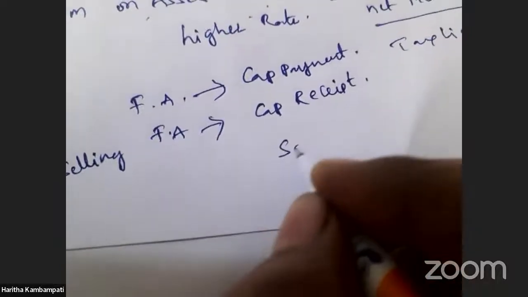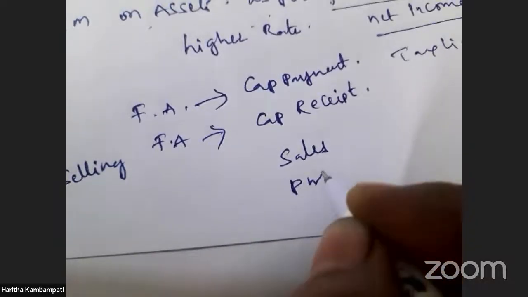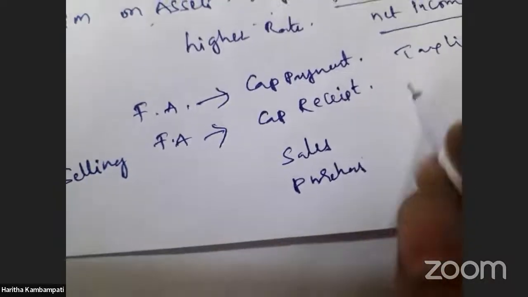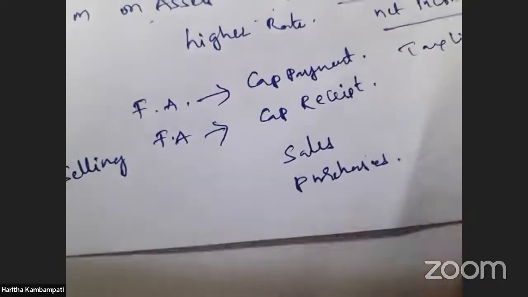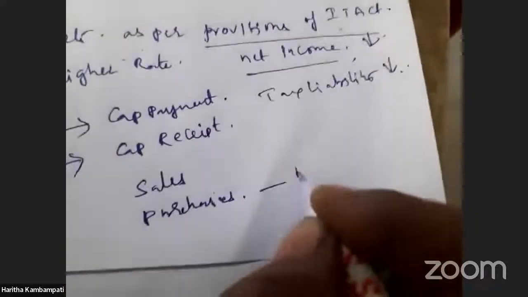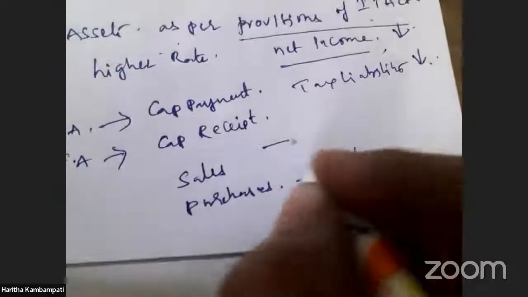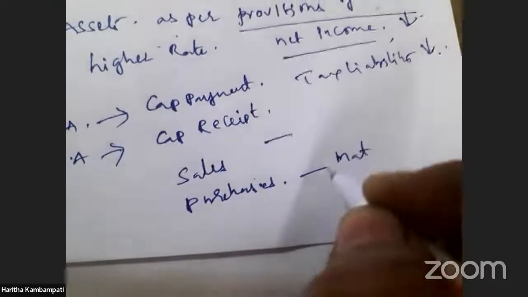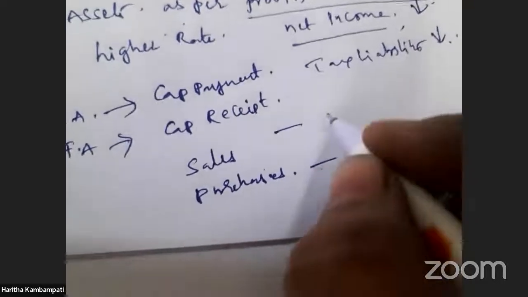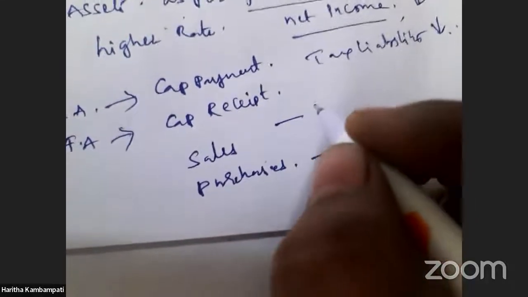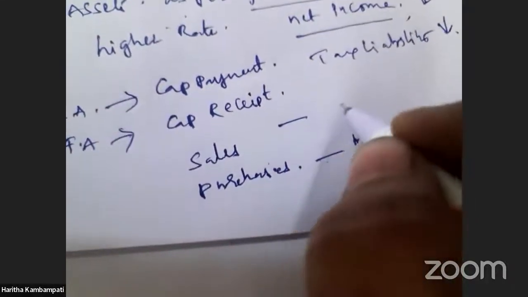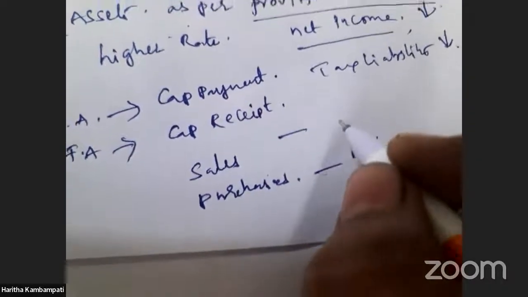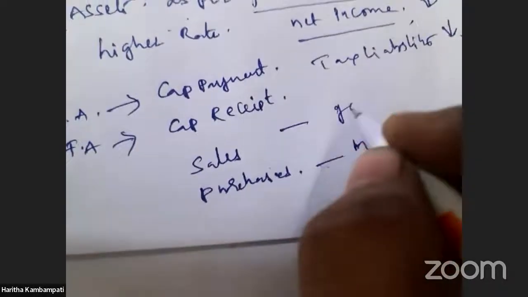Likewise, let us consider purchases and sales. You are going to purchase material, or we can say some goods. For that, you add some amount of profit and you sell the goods.